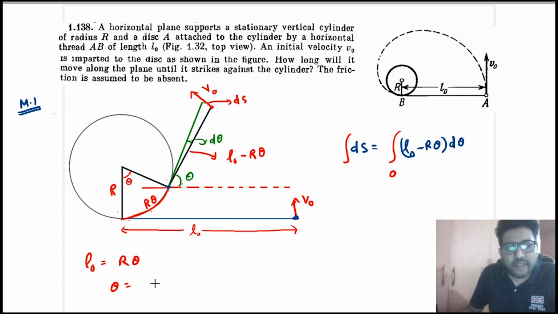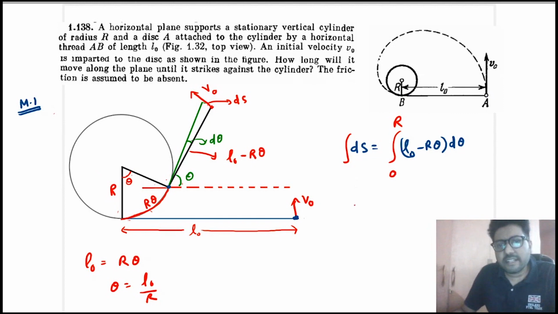So the theta final when it has wrapped completely will become L0 by r. And ds represents the elemental distance traveled in a very small interval of time by this disk. So the integration of ds will give you the total distance that is covered by this disk before it has completely wrapped around this cylinder.